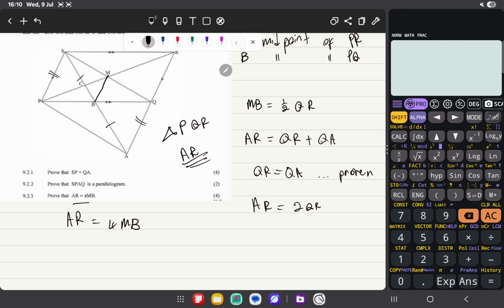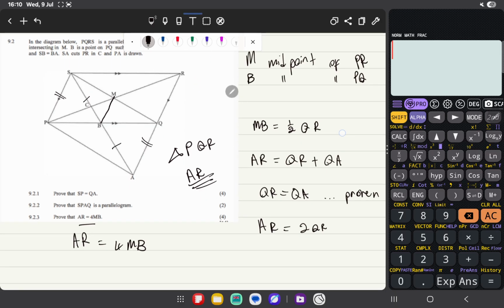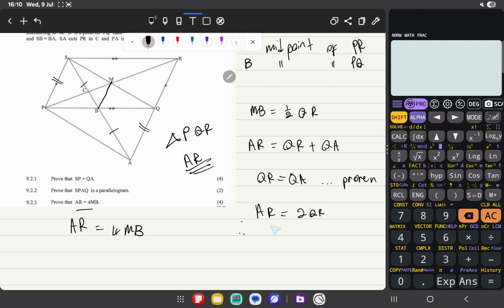That makes sense. Let's see. We have an AR here. AR comes from adding QR and QA. And since QR and QA are equal, we can just say this AR is equal to 2 QR, right? And therefore from here, QR is going to be half AR.